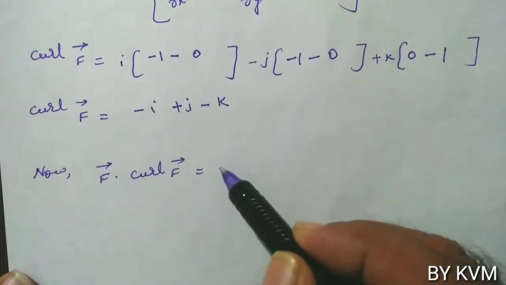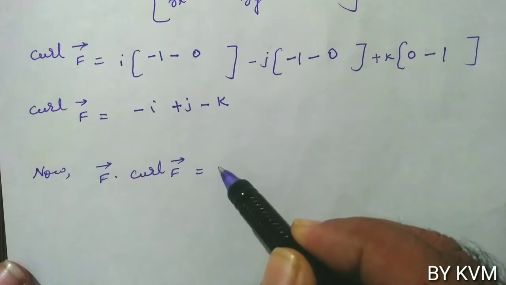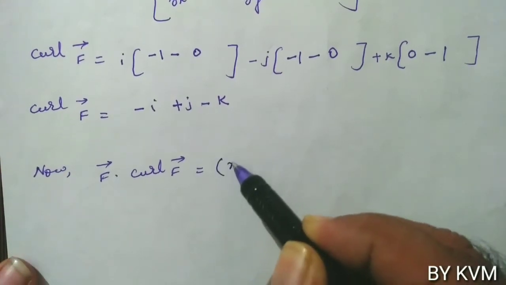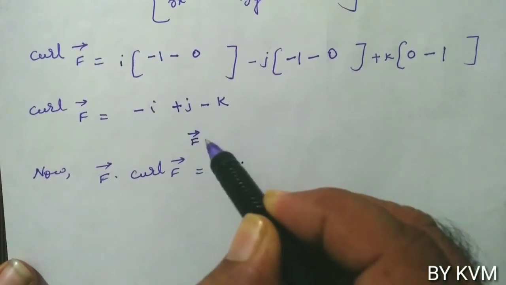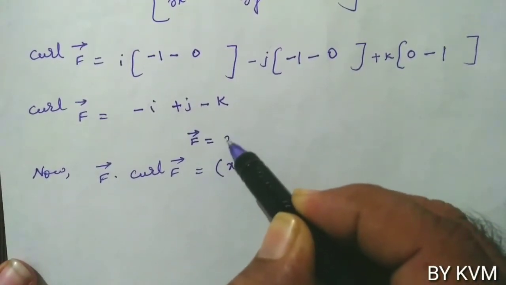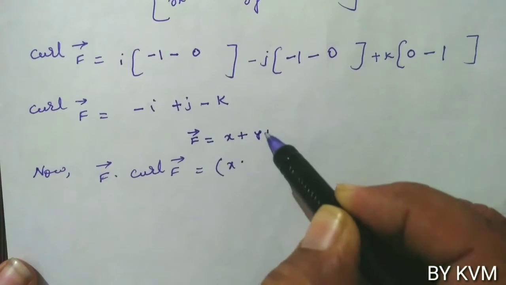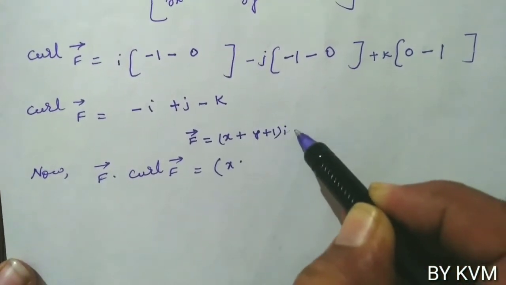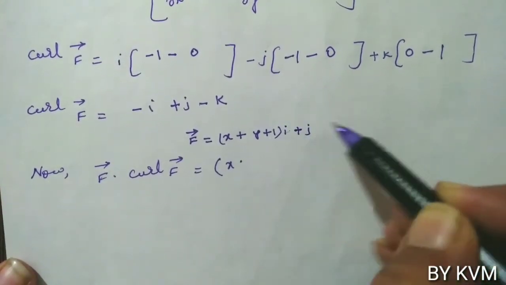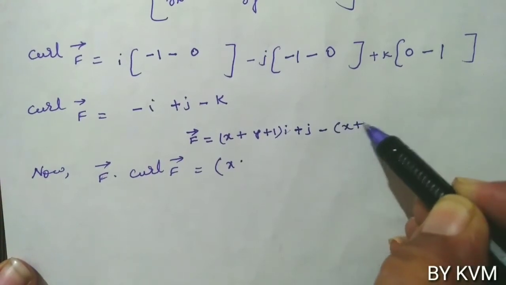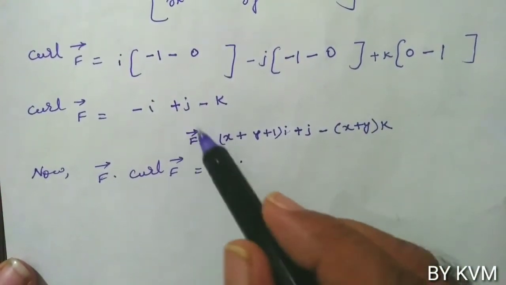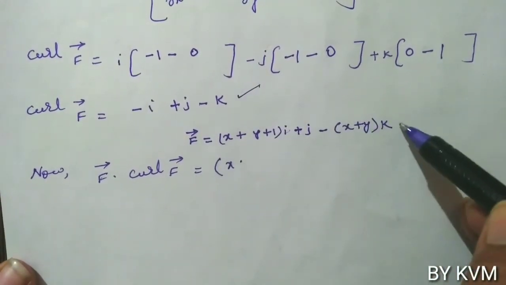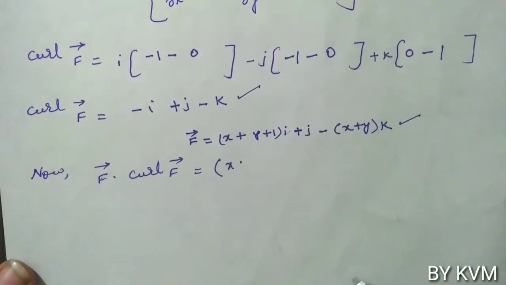Now I will write vector f also here. Vector f is (x + y + 1) i plus j minus (x + y) k. And now the dot product of these two vectors, curl vector f and the given vector f.